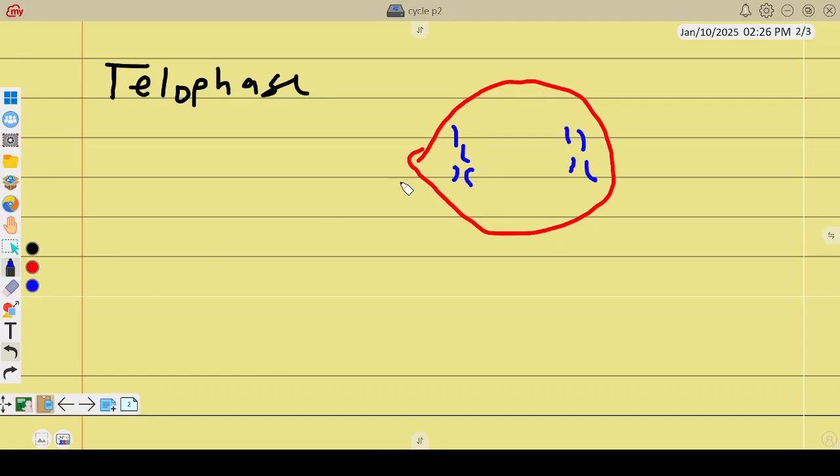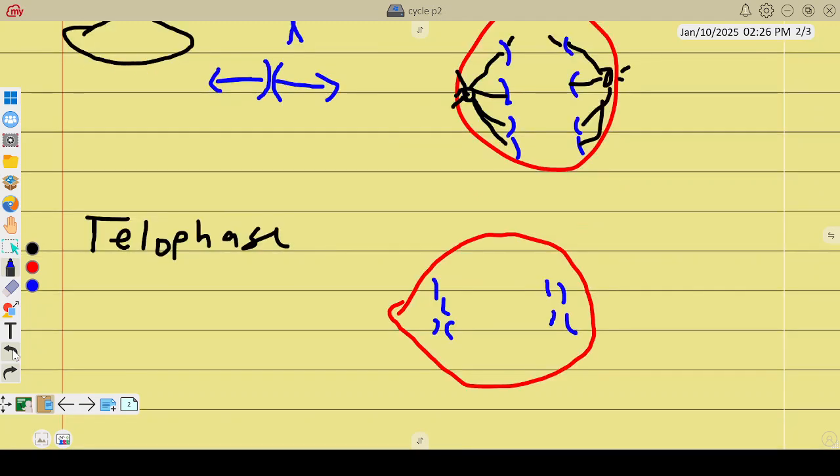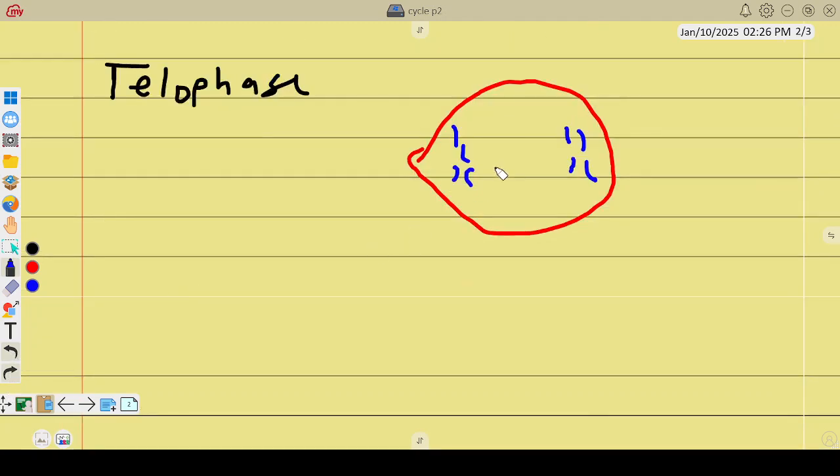Or think of prophase. In prophase, we saw the nuclear membrane disintegrated. The nuclear membrane was like this, but it became dotted. That was on prophase. So now after these individual chromosomes arrive at the opposite poles, they will form a new nuclear membrane.